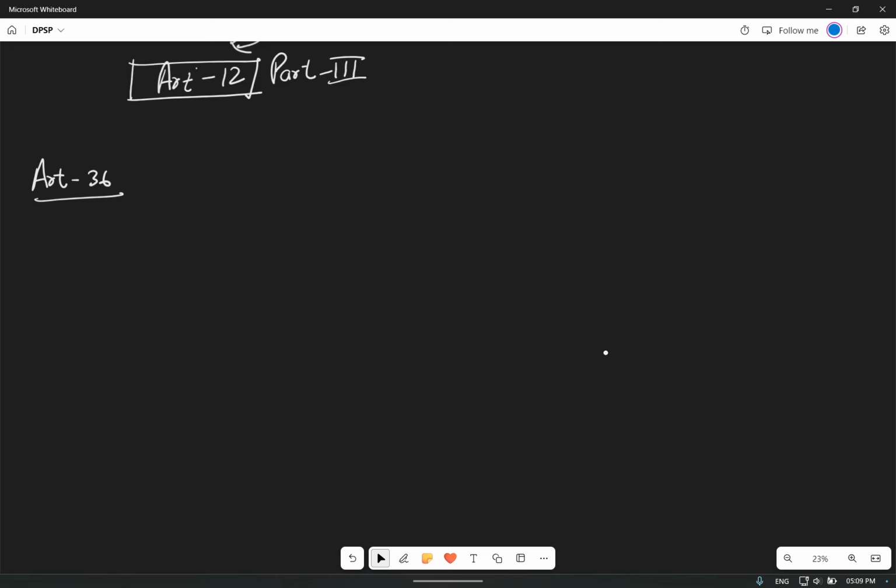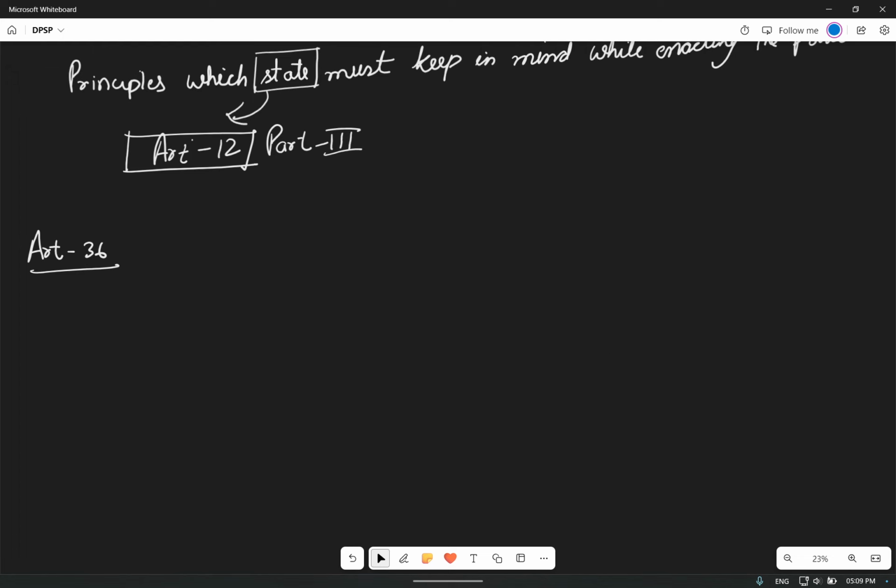Article 36 talks about the definition of the state, which is the same as in Part 3, Article 12. So whatever definition we have seen in Article 12, the same thing has been defined here in Article 36. Okay, so now this Article 36 is done.